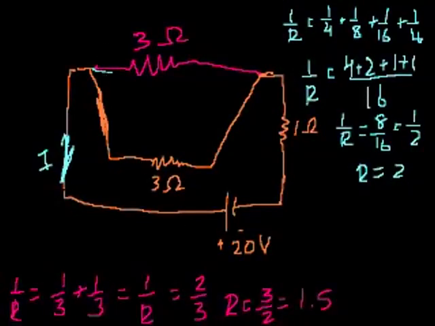So let's erase that and simplify our drawing. This whole mess, a 3 ohm resistor in parallel with another 3 ohm resistor, is equal to one resistor with a 1.5 ohm resistance. And this is actually a good point to give you a little intuition. Even though these are 3 ohm resistors, we have 2 of them.